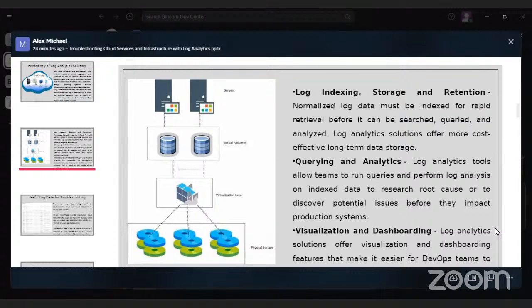And even those who do not understand what that data means, just by the pictorial view, will be able to have an idea of what they want to see. Then querying and analytics, of course, it does that.